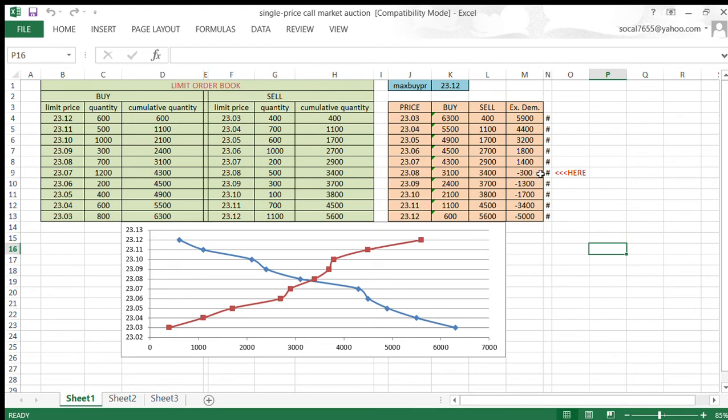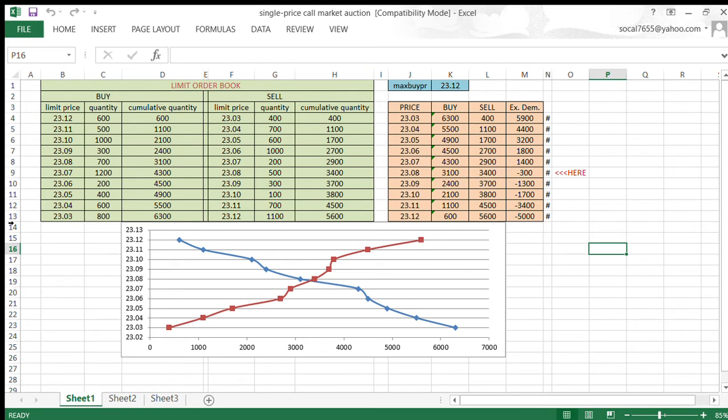So what this means is in order for the opening price to be 2308, the specialist will have to place a buy order for 300 shares. And when the specialist does that, then we get an opening price that will clear the market. Now think about what that does.